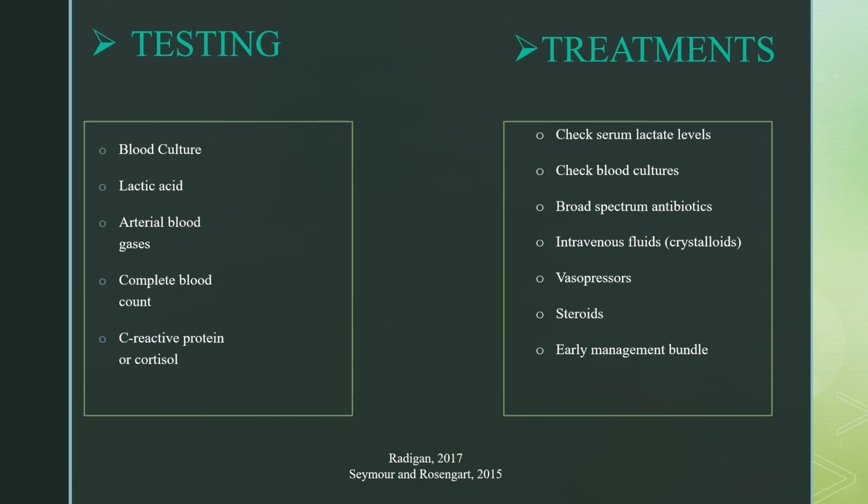And once those results are received, then they can alter therapy if they need to. They will also treat with intravenous fluids, preferably crystalloids. They will also treat with vasopressors if the patient is hypotensive and the lactate is greater than 4, so that they can keep the mean arterial pressure greater than 65.